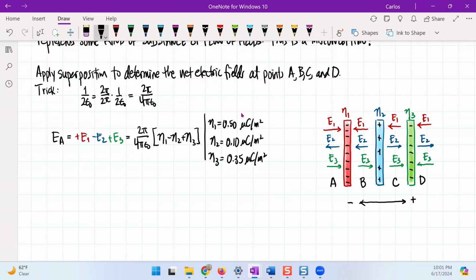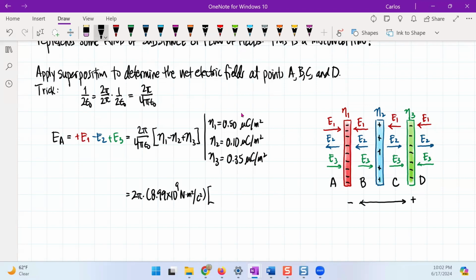So if I punch everything in here, I'm going to get a result that reads 2 pi times 1 over 4 pi epsilon, which would be 8.99 times 10 to the 9 Newton meter squared per Coulomb squared.